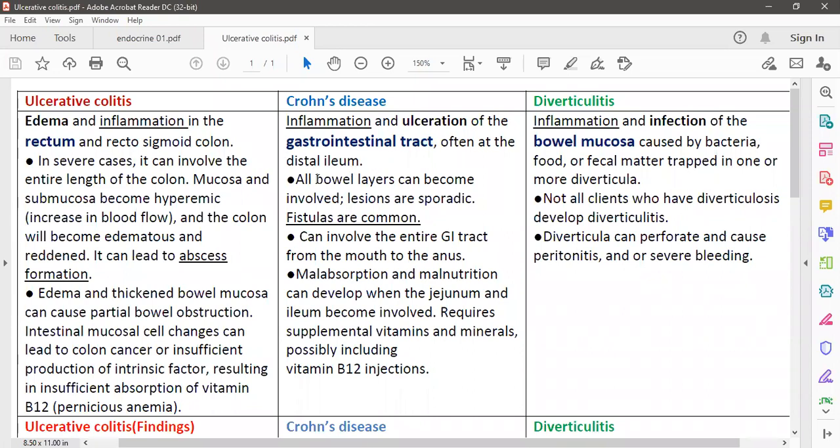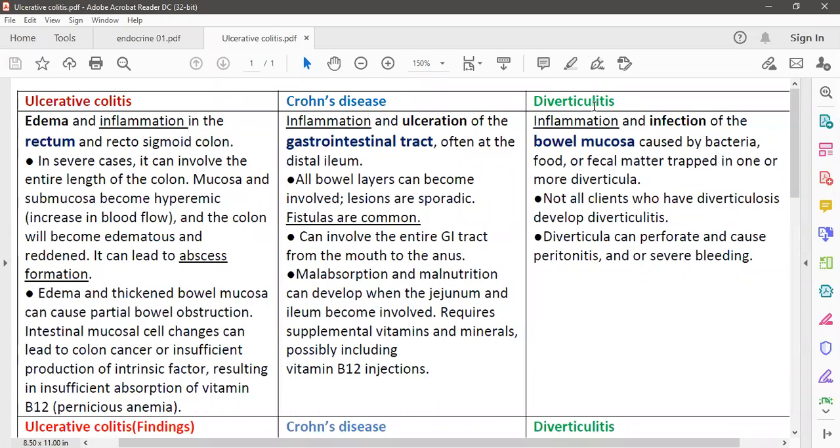So Crohn disease is an inflammation and ulceration of the small intestine, basically the ileum. It causes sporadic lesions and risks developing a fistula.